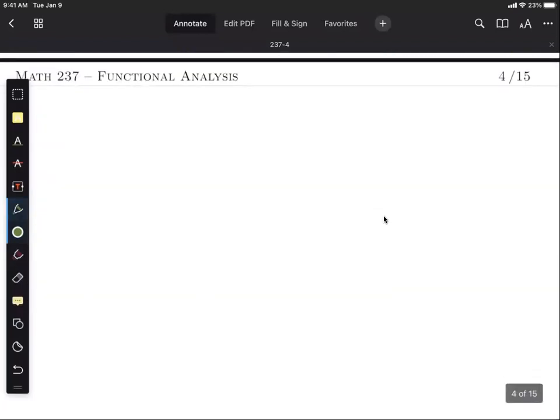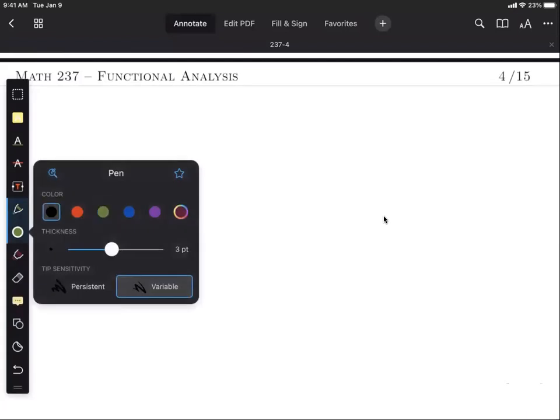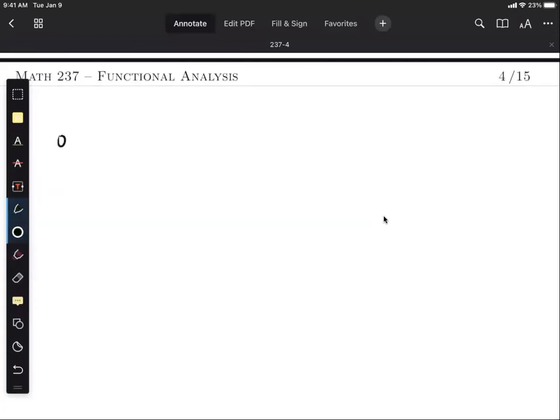generated by a pre-measure? So let us recall the definition. The outer measure induced by the pre-measure mu would be a function which we denote by mu star.